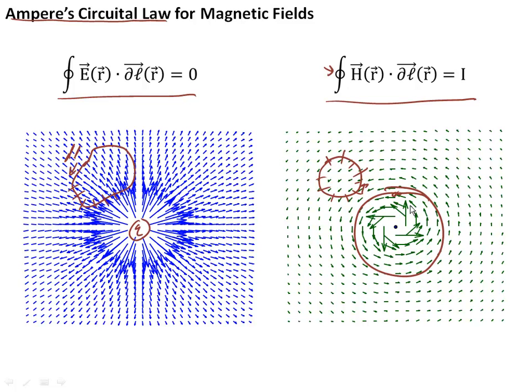When we do that, the total value of summing up all the magnetic field along the direction of that line, piece by piece, is equal to the current enclosed, which in this case is our little current element I. So again, Ampere's Circuital law says that if you go around a closed line and sum up the magnetic field dotted with the direction the line is going, that little element dl, the value you get is going to be equal to the current that's enclosed by that line you just drew.